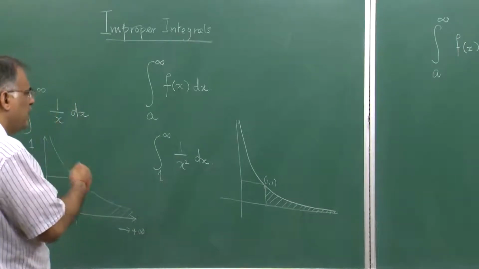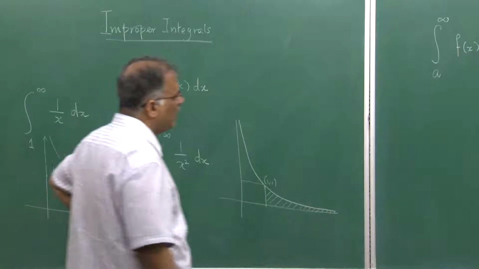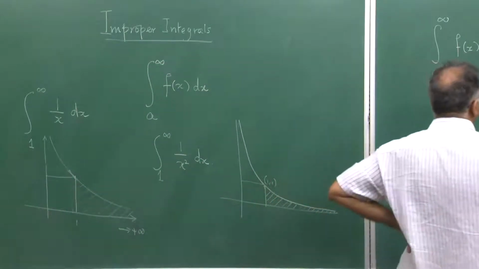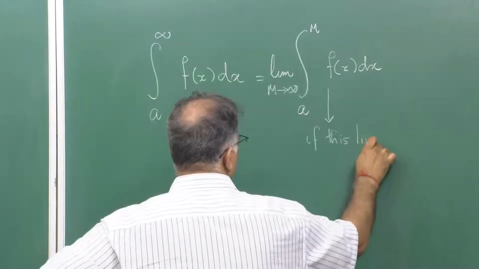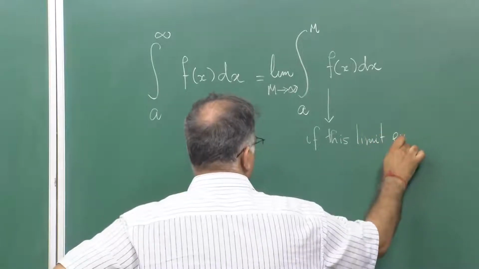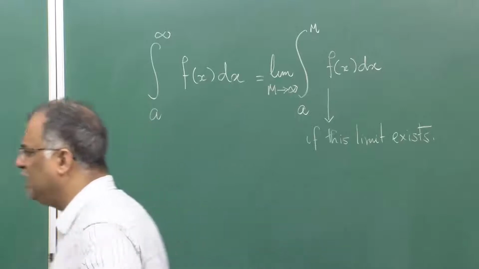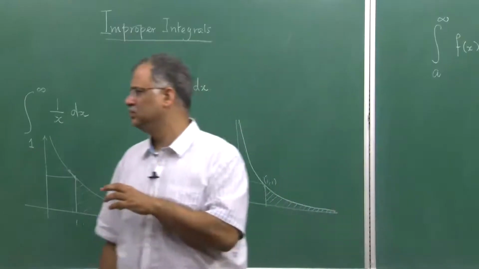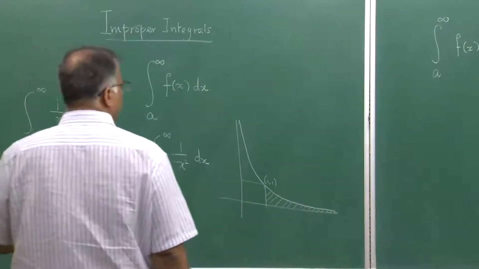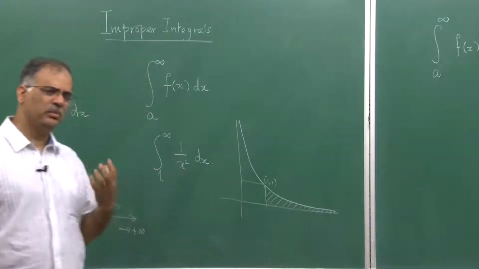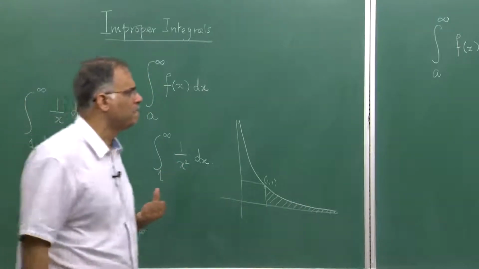You calculate for every m and then find the limit. If this limit exists, then that particular value would be called the value of the improper integral.